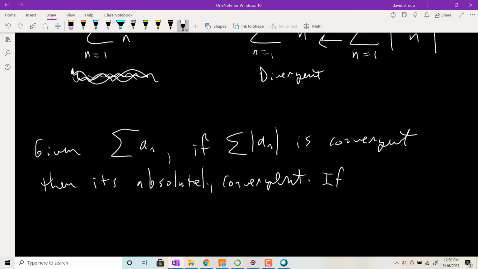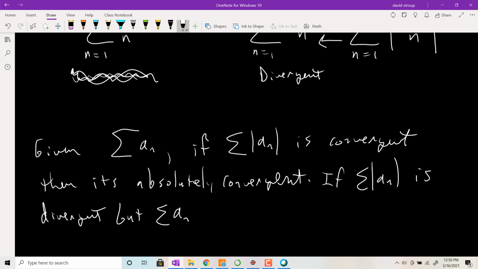If the series of the absolute value of the terms is divergent, but the series as it is originally is convergent, it's called conditionally convergent.